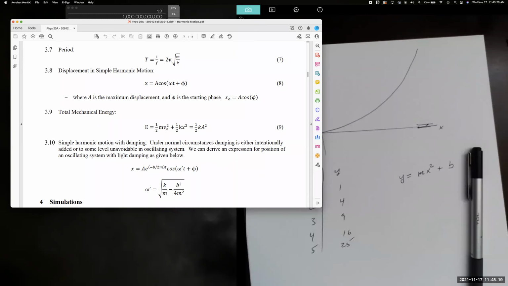So often, damping is either intentionally added or some level is unavoidable in oscillating systems. You have air friction. If I start a pendulum in motion going back and forth, just realize my screen is off here. If I have a pendulum going back and forth, you guys need to remind me when my screen's off.